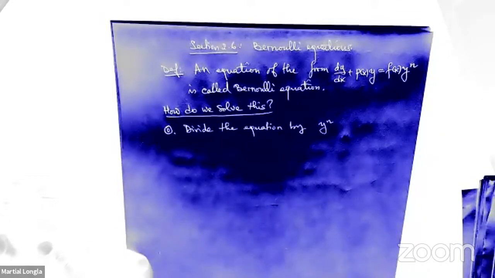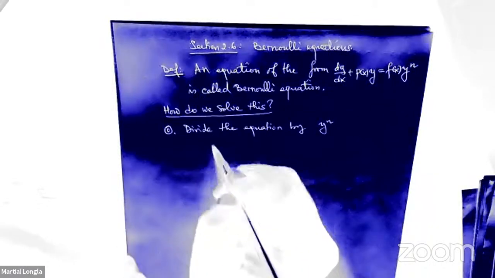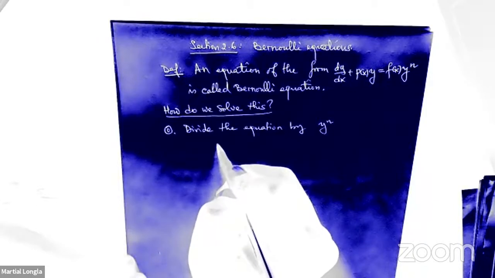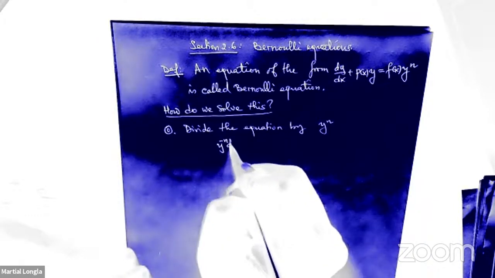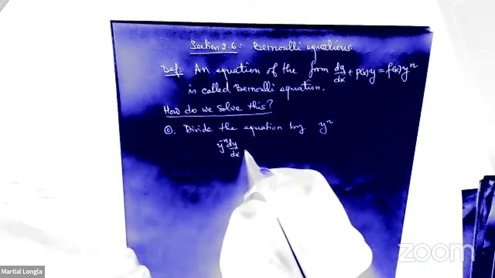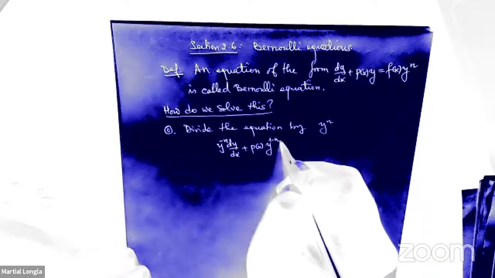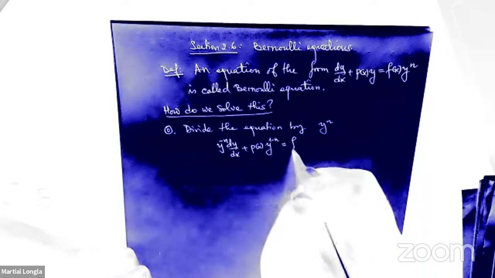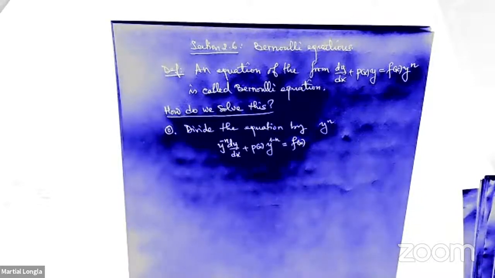So you divide the whole equation by yⁿ. When you do so, what you obtain is y⁻ⁿ dy/dx + p(x) y^(1-n) = f(x). That's what you will always obtain when you divide by yⁿ.